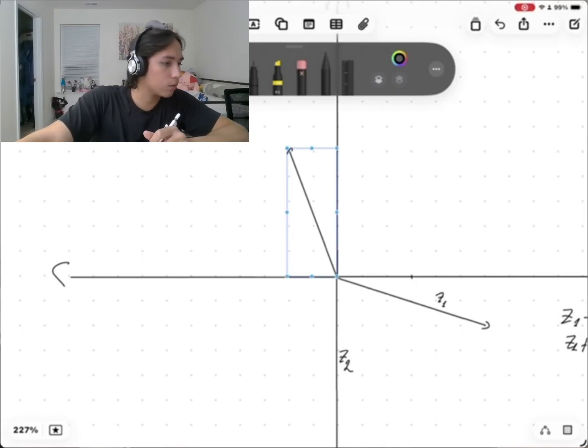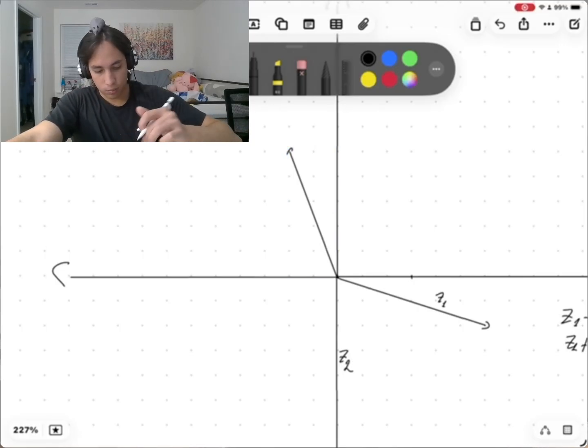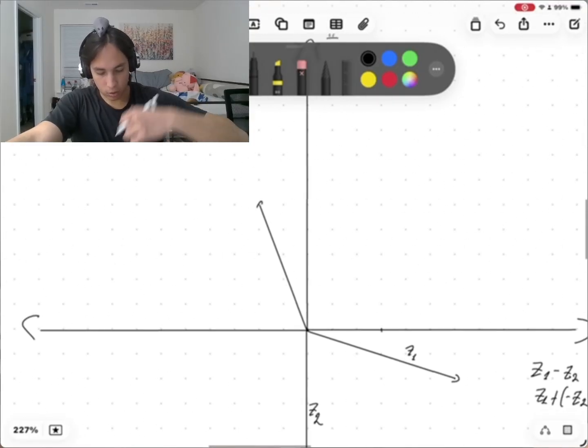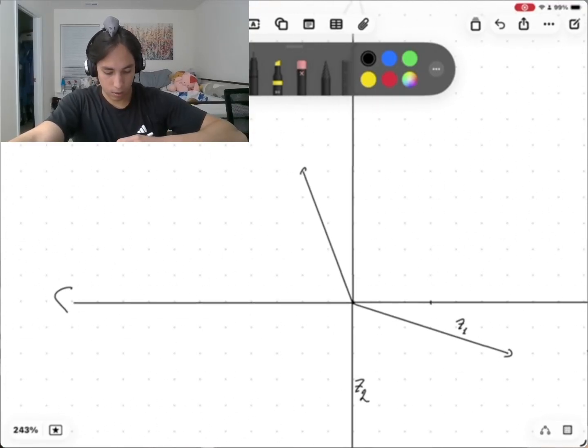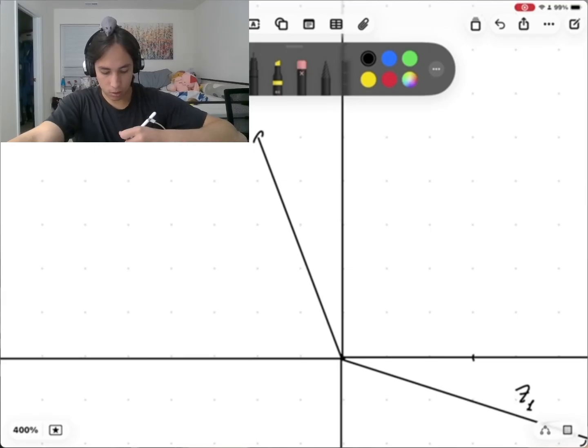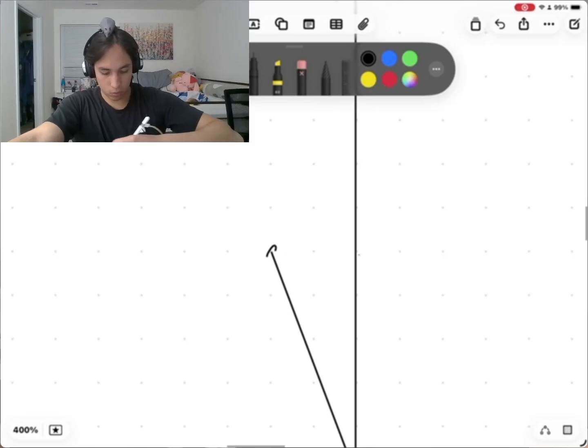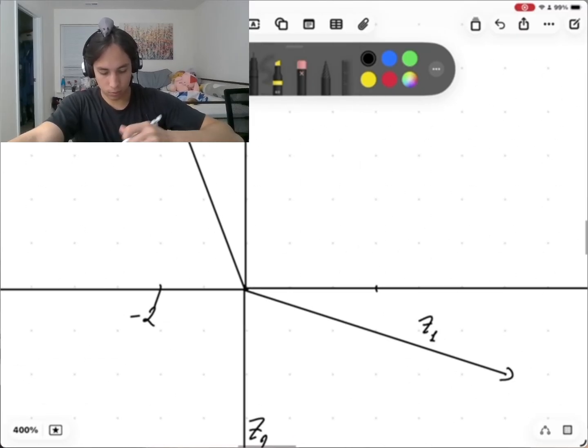Yeah, I think that's it. So the resulting flipped or negated vector or complex number is -2 and 5, right?